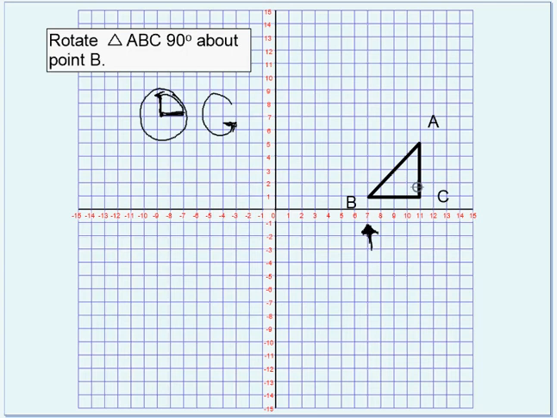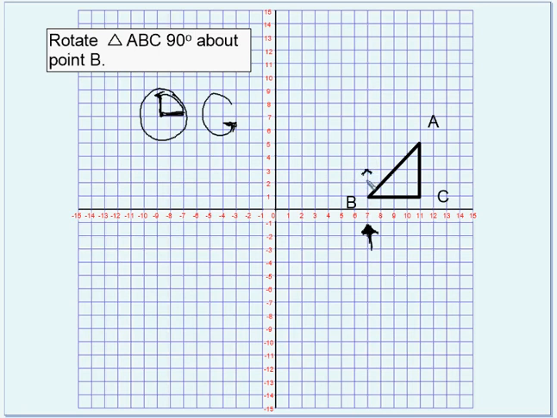And these can be a little tricky. But do you see where C is right now? Point C is 1, 2, 3, 4 to the right of B. And if I wanted to make a 90-degree angle using segment BC as a ray, I would rotate up, and it would be in this area here, right?